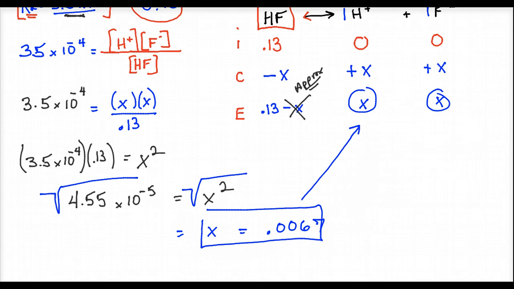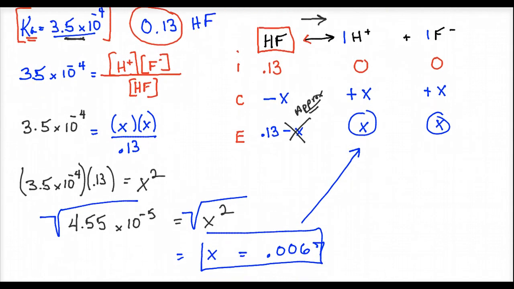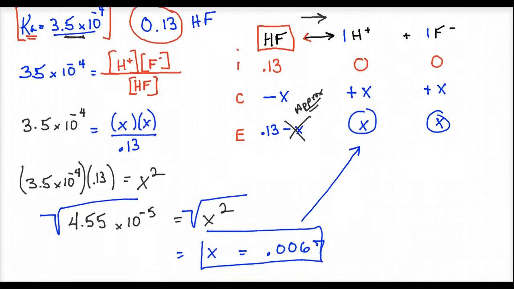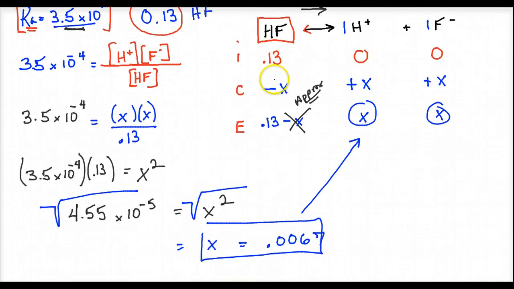And guess what? I wanted the pH. Now I know. Notice something. In the other problem, we took the exact number, 0.13, and did negative log of that. Now what are we doing? Now we have to take a number far smaller. Why? Because it barely goes forward because it's a weak acid. The small Ka is telling us that. So last but not least, they wanted the pH of this.